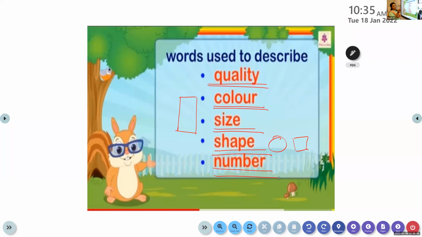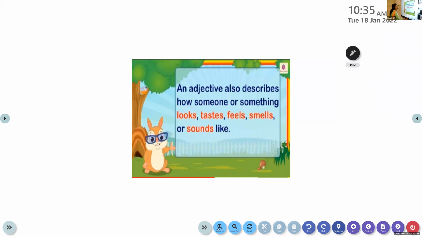Even if you're buying a pen, we just see whether it's writing well. Color means a gnome is wearing a pink or a red t-shirt. Size means it is big or small. Shape means it is round or cone or whatever the shape is. And the number. All numbers are adjectives. Clear to all of you? Yes. So that is how we are going to identify the adjectives in a sentence.